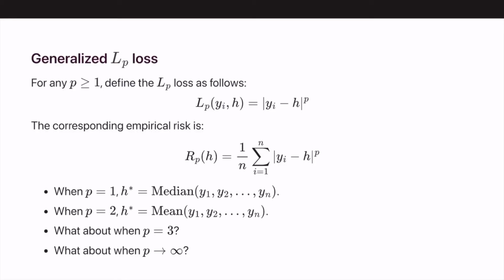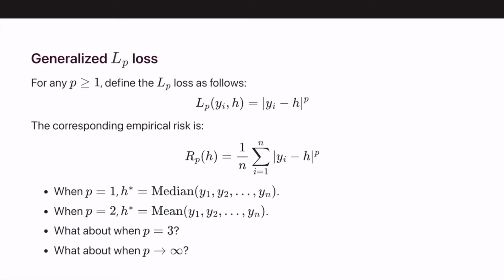In order to explore that, we're going to create this idea of a generalized loss function. That's the Lp loss, where this p we can set to whatever we want. So if it's to the power of 2, we're talking about the squared loss. And we want to talk about this in terms of H, so we set it equal to this function here.